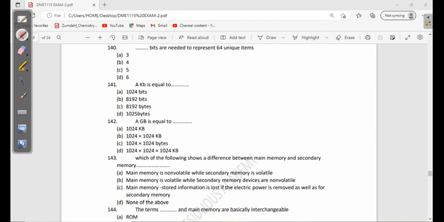Do we have this option, 1024 bytes? We don't. And we know that 1 byte is equal to 8 bits. So out of 1024 bytes, how many bits are there? We multiply 1024 by 8. That gives us 8192 bits.